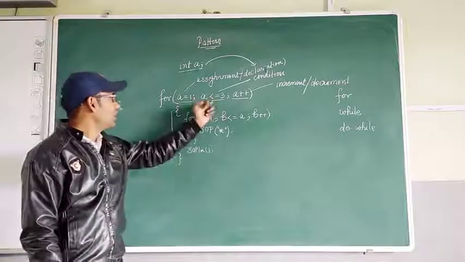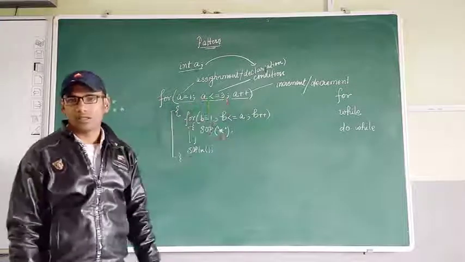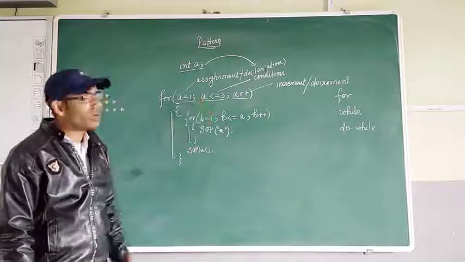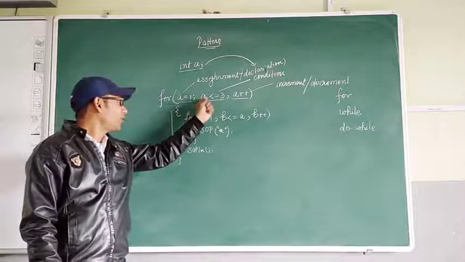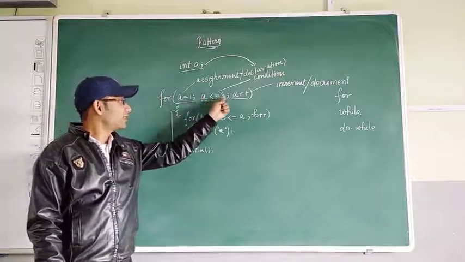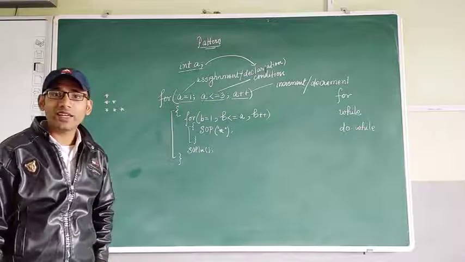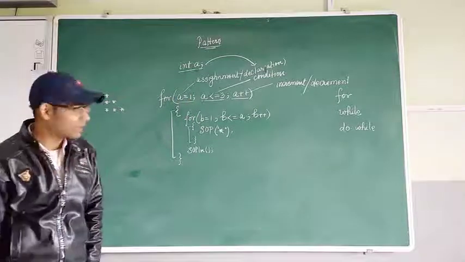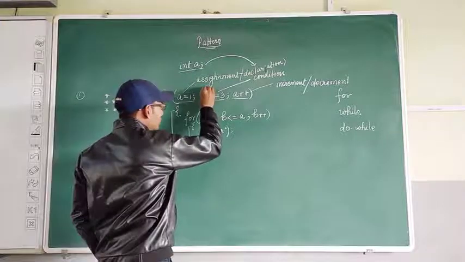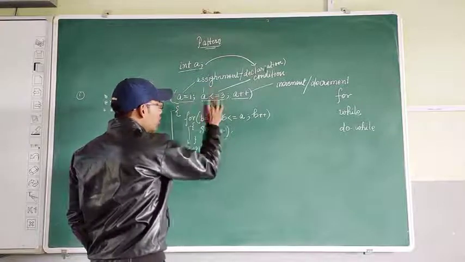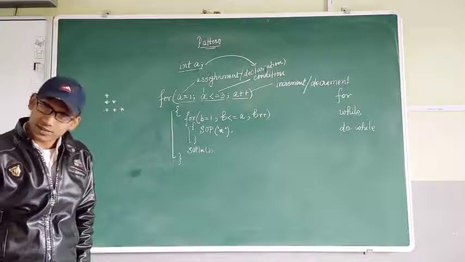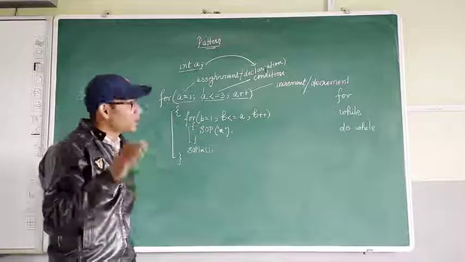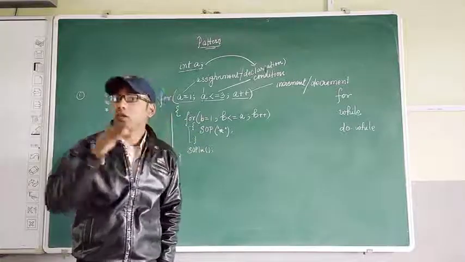Clear? After that, this part is known as condition. Test condition. Means what? We are trying to check whether the current value of a satisfies this condition. What is the current value of a? The current value of a is 1. So, let us put that value. Is 1 less than or equal to 3? Yes, 1 is less than 3. See, what I said is 1 less than or equal to 3.